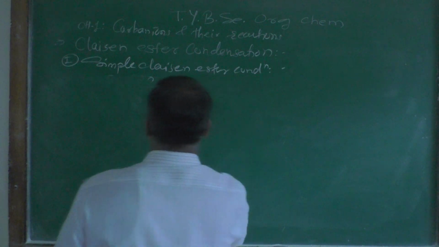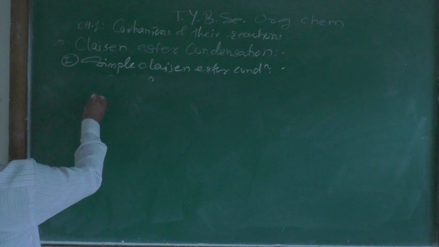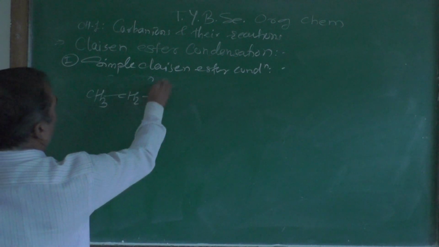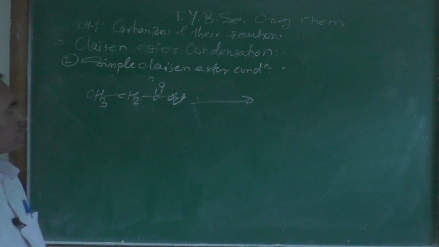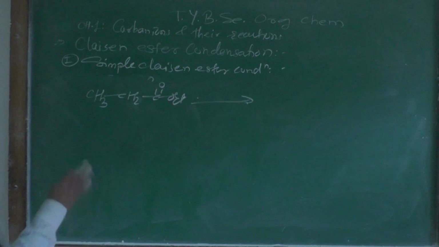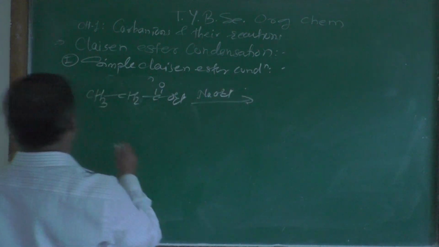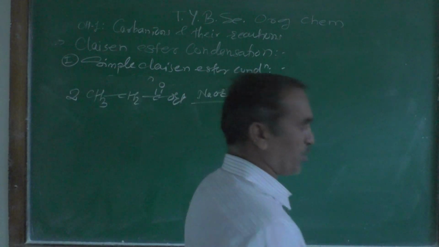Here we have CH3, then CH2, C double bond O, OEt. Two molecules of that propanoic ester are used in the presence of sodium ethoxide or sodamide. What would be the product you are going to get?